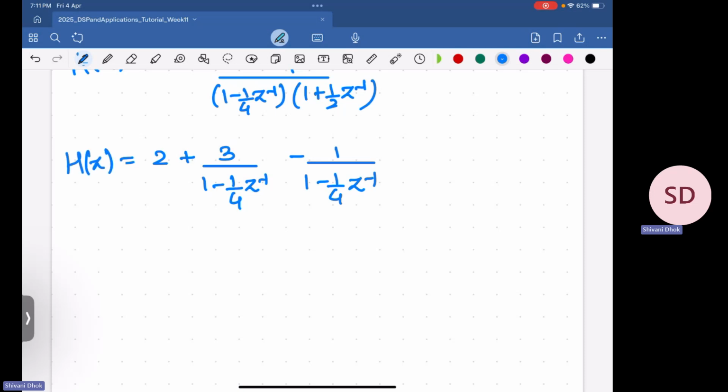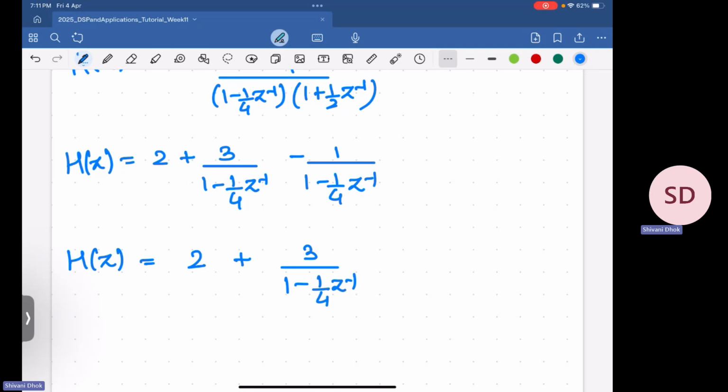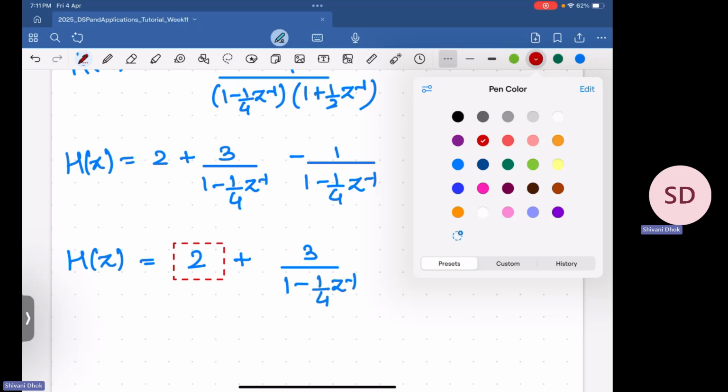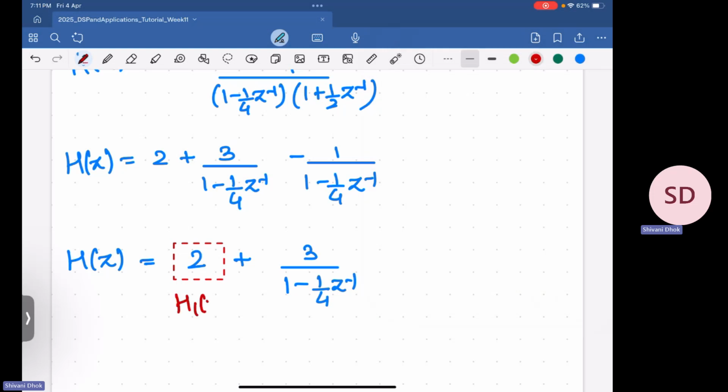Now what we will do, we'll divide it into 3 parts. So now I can write this H of z as 2 plus 3 upon 1 minus 1 by 4 z inverse. So this part is my first part, and let's say this is H1 of z. Then I have this as our second part.